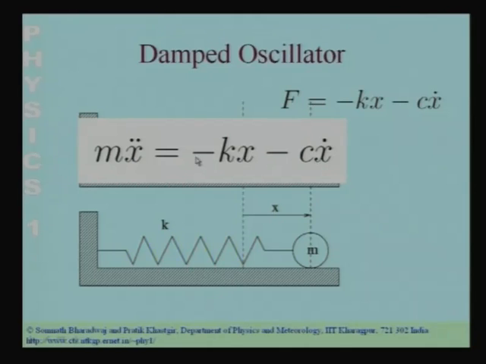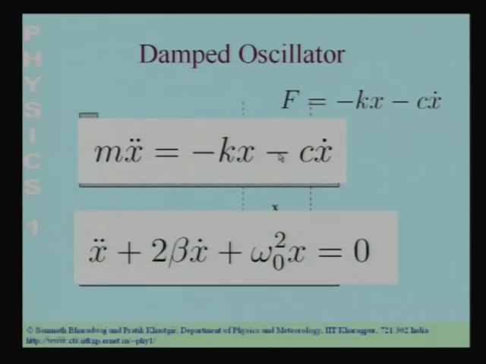Now it is convenient to recast this equation and write it as follows, as shown over here. Omega naught square is k by the mass, which we had defined earlier for the simple harmonic oscillator. The new thing is this beta. Beta is essentially this coefficient c which appeared over here, which determined how much the damping force was.